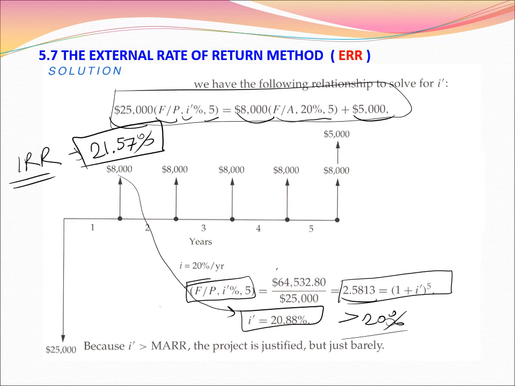So if you make a decision depending on IRR, you say that, okay, it is greater than 20%. It is 1.57% larger, so it is a very good project. But actually, according to ERR, we see that it is only 0.88% better than the MARR. Okay, so this is how external rate of return is defined and used.